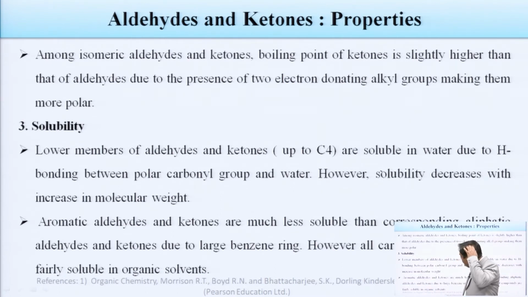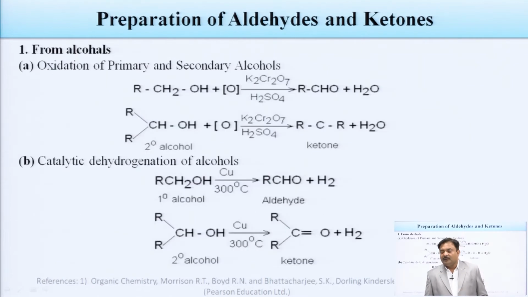Aromatic aldehydes and ketones are much less soluble than the corresponding aliphatic ones due to the large benzene ring. However, all carbonyl compounds are fairly soluble in organic solvents. These are the main points about some important properties of aldehydes and ketones.